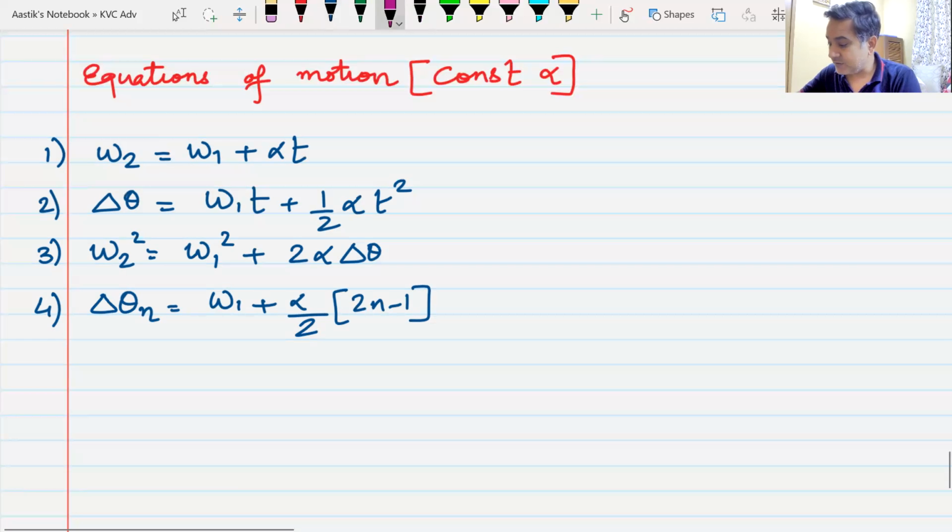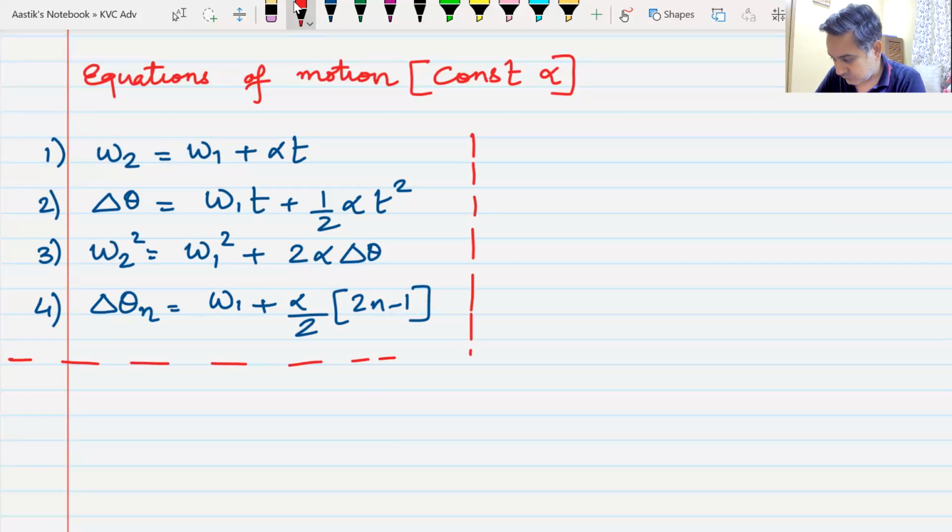Now, if you look very closely, these equations are similar to the equations of motion in 1D for constant acceleration. There the equations were, instead of omega 2 and omega 1, we were using v and u. So v is equal to u plus at.